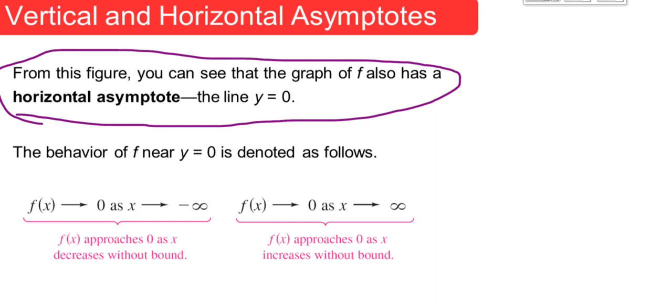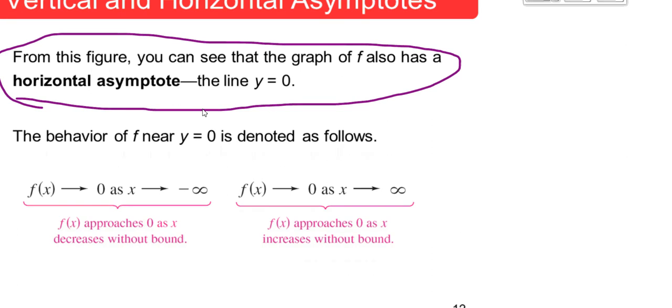So we also know it has a horizontal asymptote, and that's just going to be the information of what happens as f gets near y equals 0. And you can read through that as well.